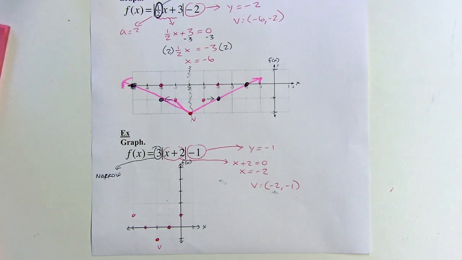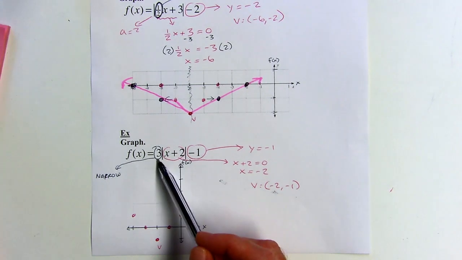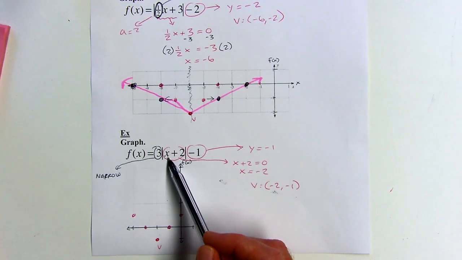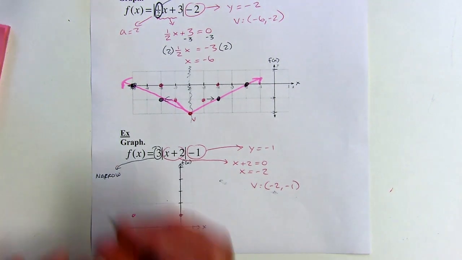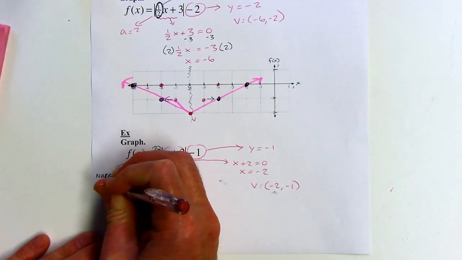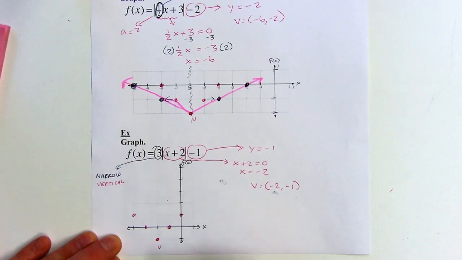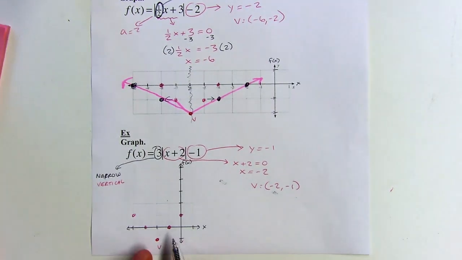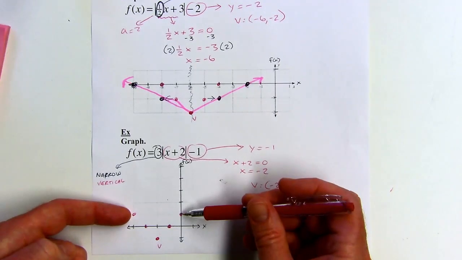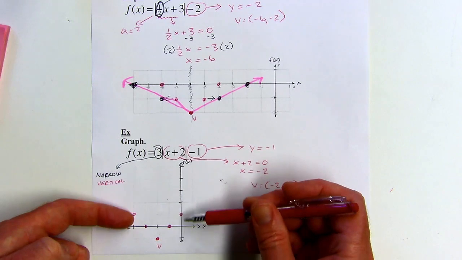Okay? Now I'm looking at the placement of the 3. So I'm thinking, is it touching the x directly? It's not. So if it were inside touching the x, it'd be a horizontal change. Since it's not, this is going to be a vertical change. Okay? And then my last part is thinking, okay, these points are going to move vertically. That means they're going to move only up or down.